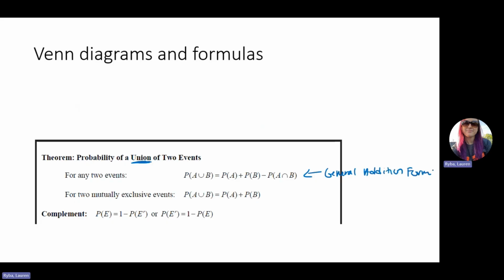If you remember from statistics, this is the equation that was called the general addition form in the book that we used. So if I want to find the probability that A or B happens, I take the probability that A happens plus the probability that B happens, and then I subtract the intersection, the probability that they intersect.